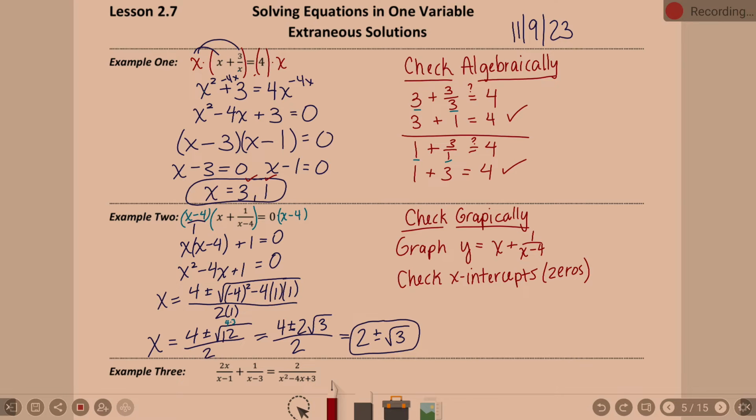This 0.2679492 number, if it's good, it has to match up with either 2 plus square root of 3 or 2 minus square root of 3. So if I go and say, okay, what is 2 minus the square root of 3? Does that look familiar to what we just had?